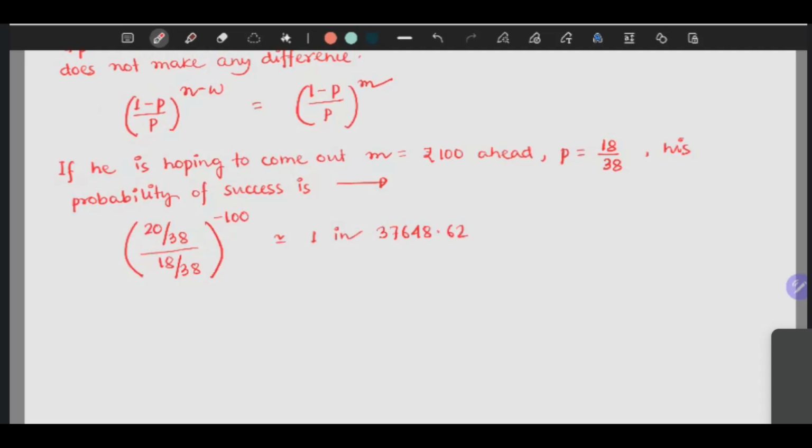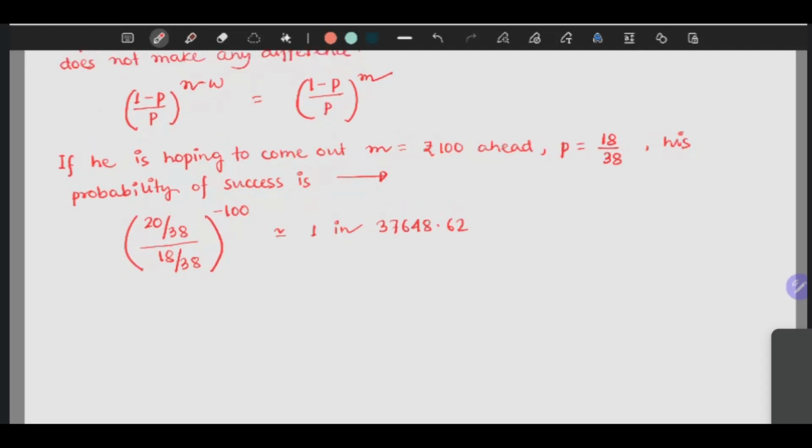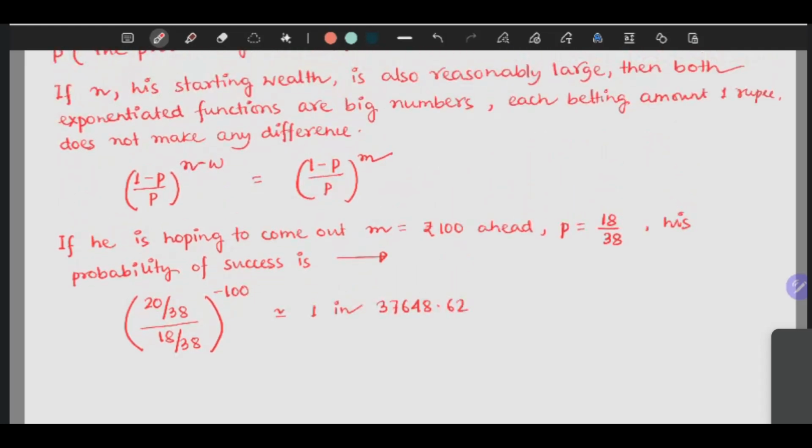So basically, if he starts with $1 trillion, he is not likely to ever get more than 100 rupees ahead, because you understand this point. You need to win more money than you are putting on, right?